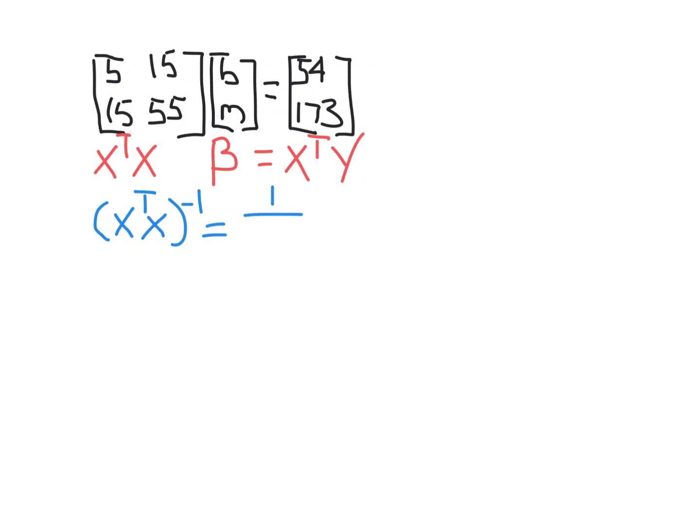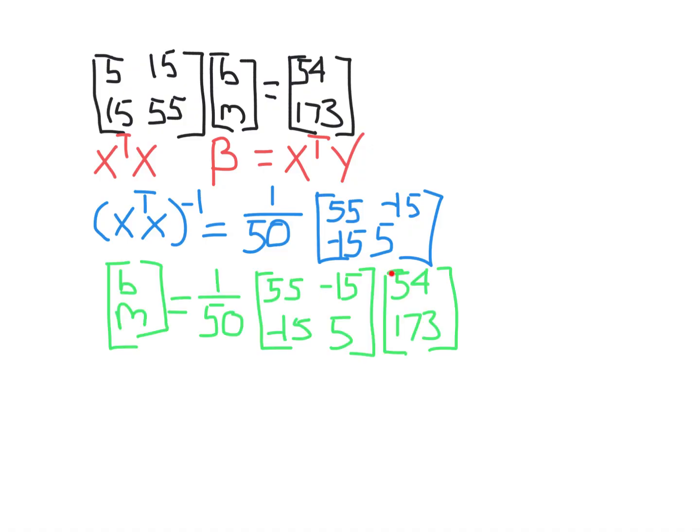It's 1 over 50. And then we switch around the elements on the leading diagonal, and we change the sign of the other two elements. So this is the inverse. If I multiply X transpose X by its inverse, it goes away, and I'm just left with this. And then of course I have to multiply this one here with this matrix at the front.